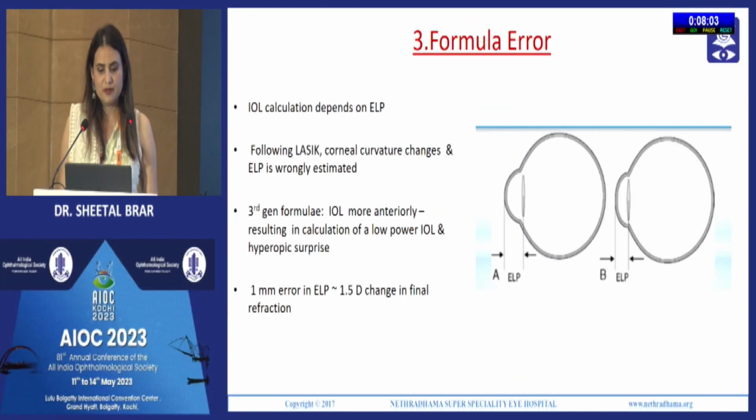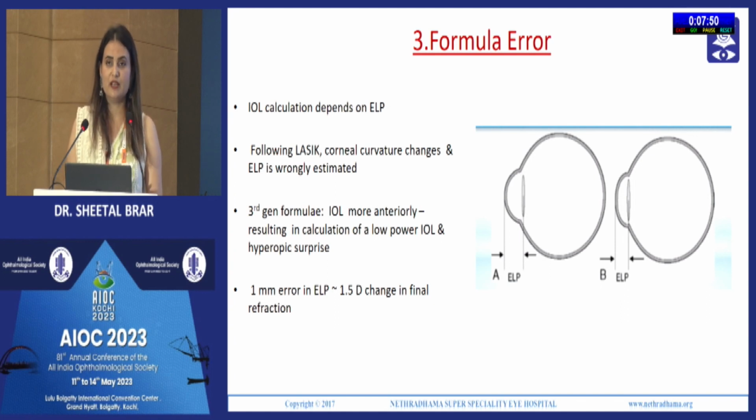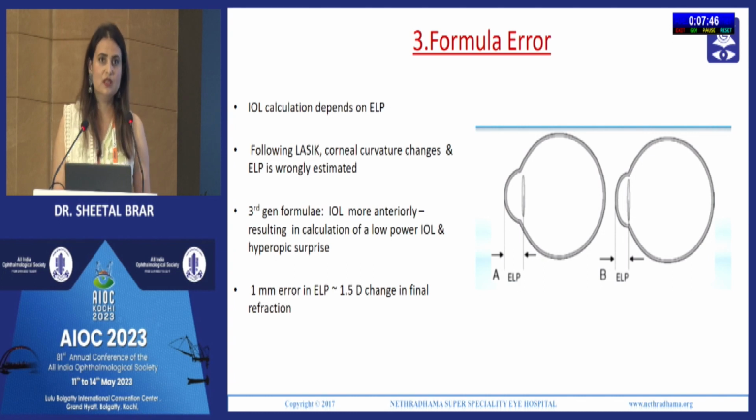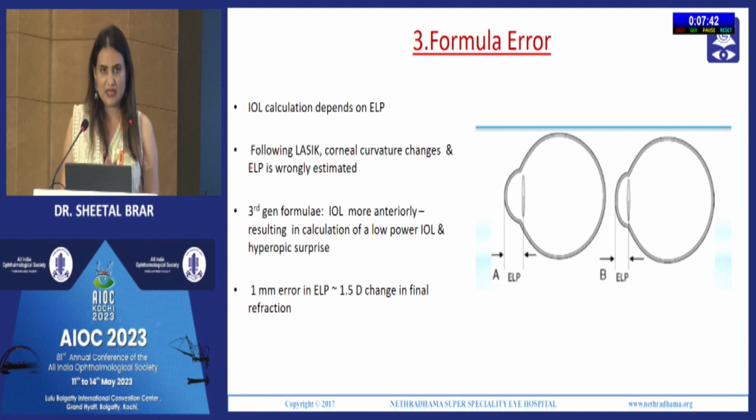Formula error is the error that arises due to problems with calculation of the effective lens position. Following LASIK, corneal curvature changes, as we all know, and due to this, the effective lens position can be wrongly estimated. The third generation formulae which we are using, like the SRK/T formula, Hoffer Q, and Holladay 1 formula, calculate ELP.